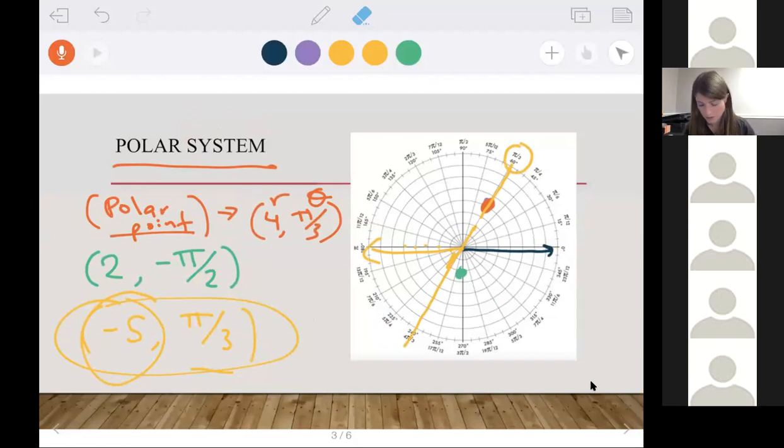And all of those are kind of right ideas to think about. We can think about a negative radius, like I was mentioning before, as going in the opposite direction to start. In this case, kind of this direction. So we're going to go 5 over, and I'm going to do this in black on this one. 1, 2, 3, 4, 5. And then think about from there, you're going to be over the pi over 3 angle.